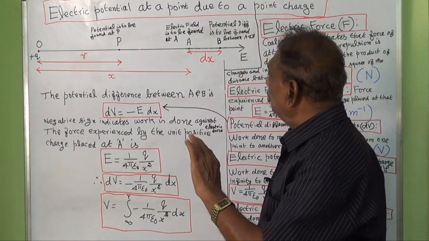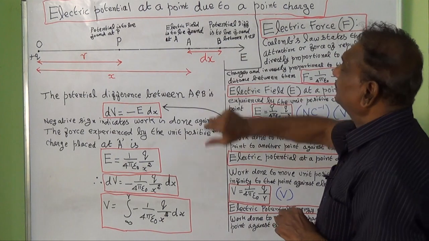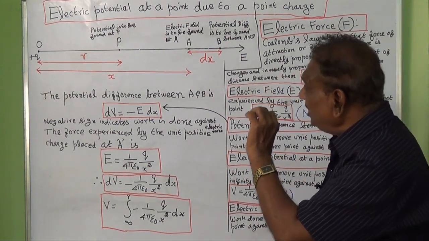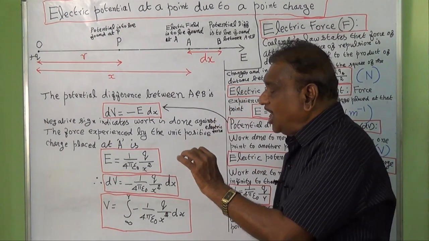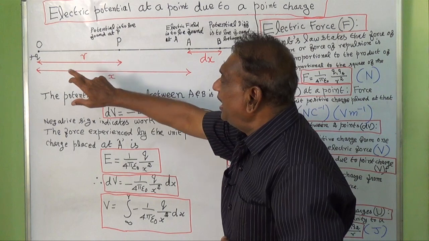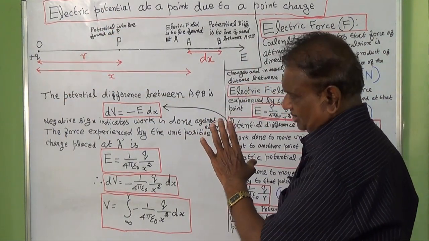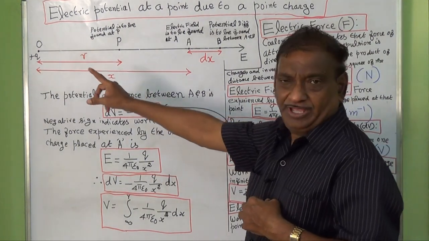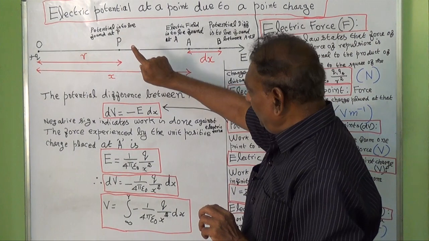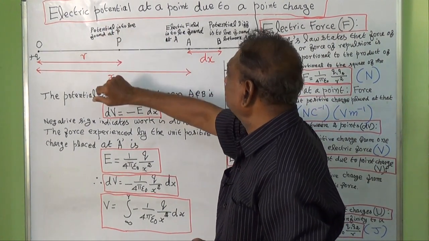There are also 2 points A and B. Of these 2 points, the point A is placed at a distance of x from the plus Q charge. There are 4 points. At the point O, plus Q charge is placed. At the point P, the electric potential is to be found.